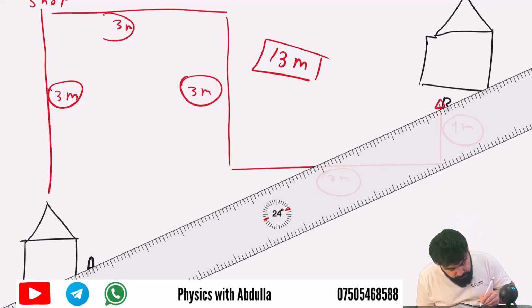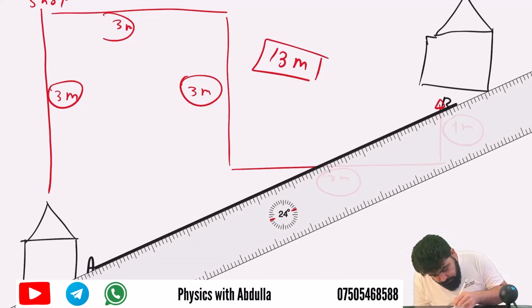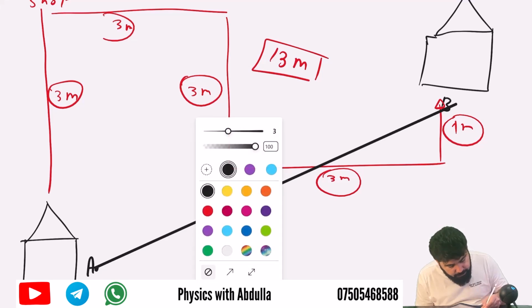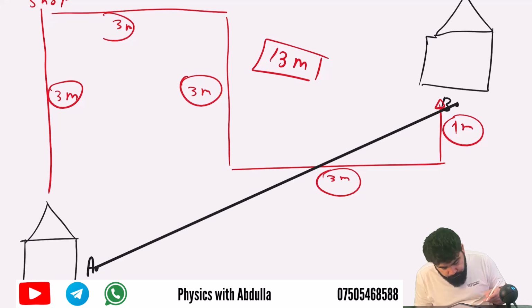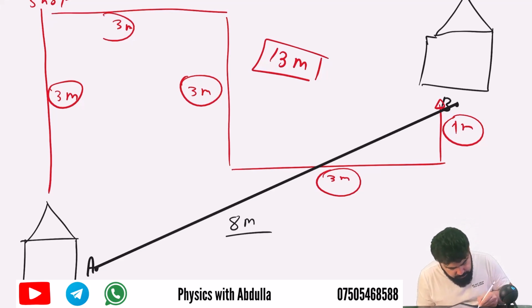Okay, so we're gonna say A to B. That is my displacement from A to B. Let's say it is equal to 8 meters. Okay, we can make that kilometer, because it's going to be more reasonable. I'm going to make that kilometer, and then 8 kilometers.